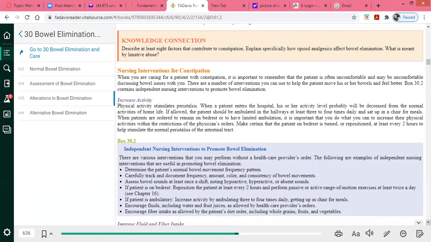And it talks about certain medications. If you are on certain medications that are contributing to constipation, communicate with the physician. Ask the physician what are some things that are non-pharmacological that would be considered acceptable. And then sometimes we have to put patients on stool softeners if we know they are at risk for constipation.